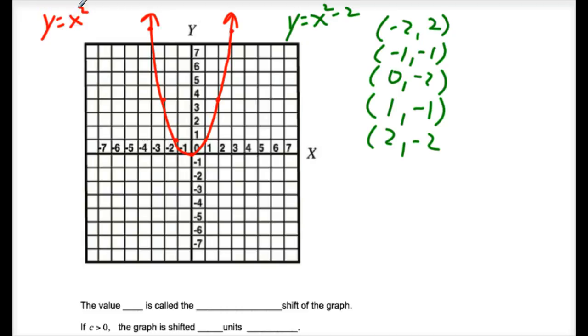That's the red one. Okay? Is the value of A changed at all? No. This next one's going to be the same size. It's just going to move. -2, 2. -1, -1. 0, -2. 1, -1. And 2, 2.